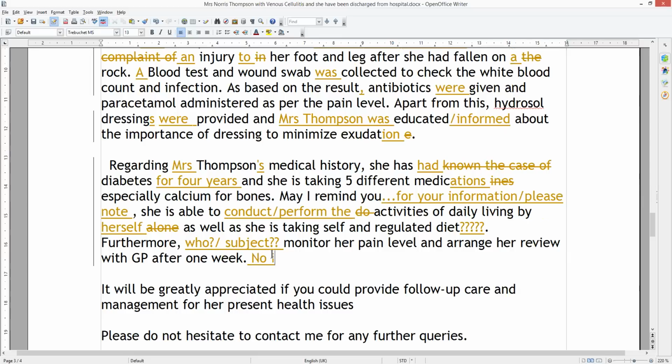No idea who is doing what. Not clear at all to a reader. We have no idea who's doing what. Who is monitoring? Do you want the reader to monitor, or is she going to monitor her level herself? Who's arranging? Has a review been arranged? This is not clear at all.